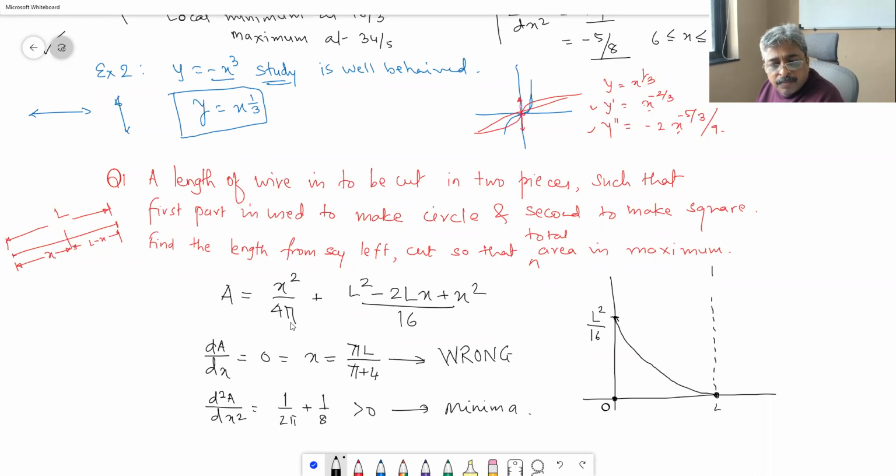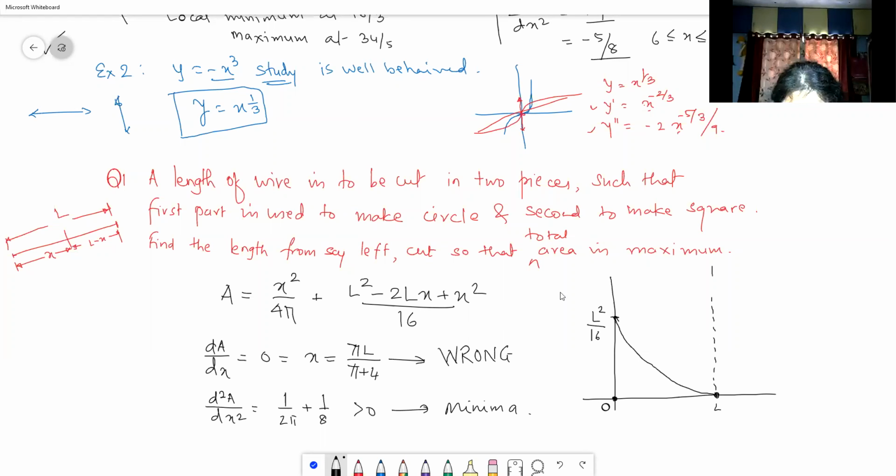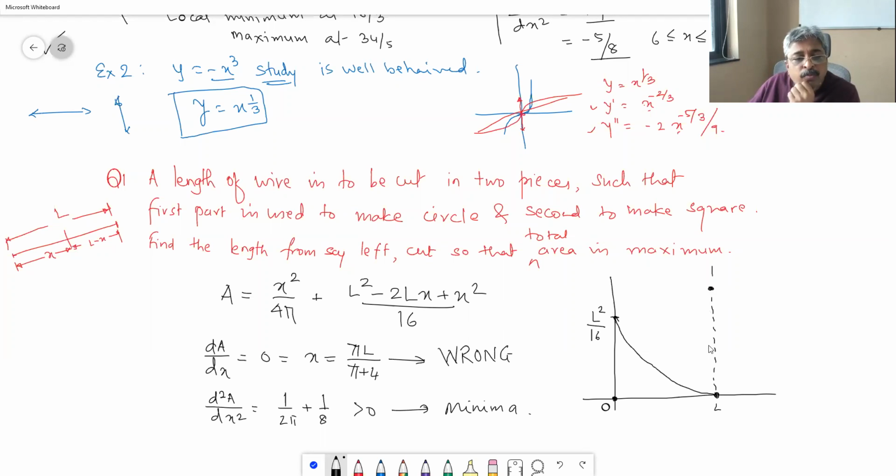Is this quantity L square by 4 pi going to be smaller or bigger? Bigger. L square by 4 pi is going to be bigger, and then this is going to be like this.